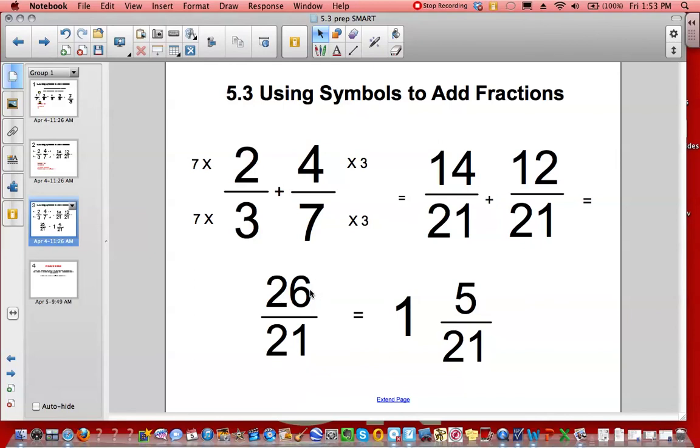So 26 over 21, an improper fraction, when it's made into a mixed number, becomes 1 and 5/21. Now, because 5 and 21 don't have any common factors between them, just 1, this can't be made any smaller. 2/3 plus 4/7, when you add them together, you get 26/21, or 1 and 5/21.